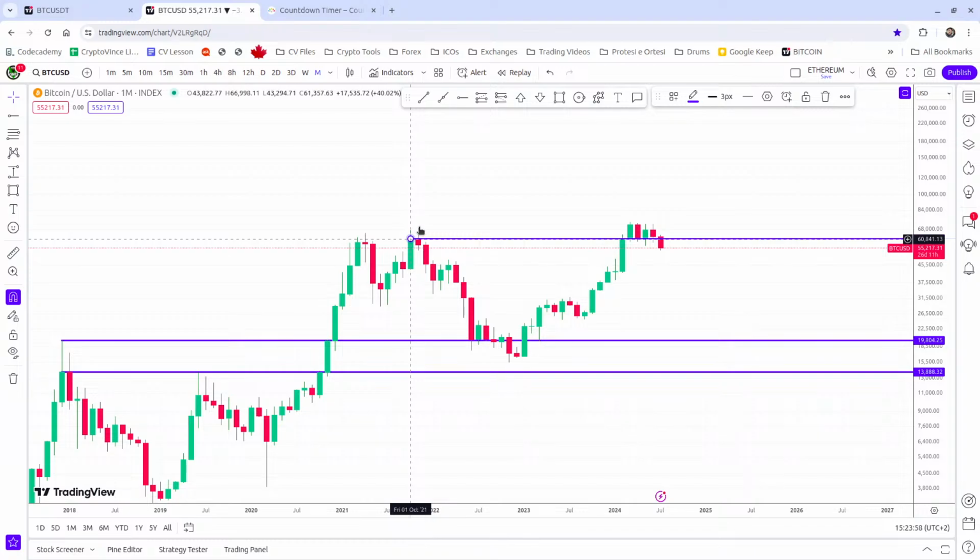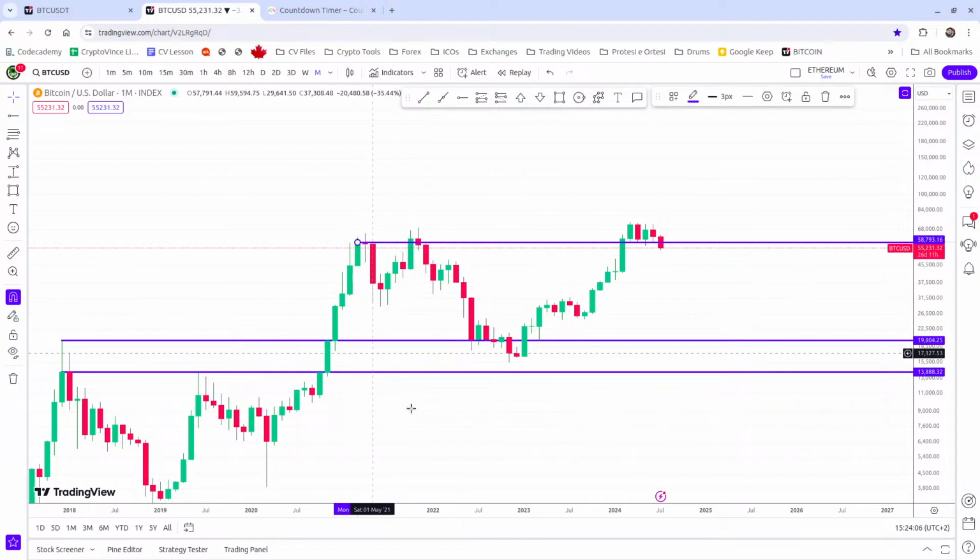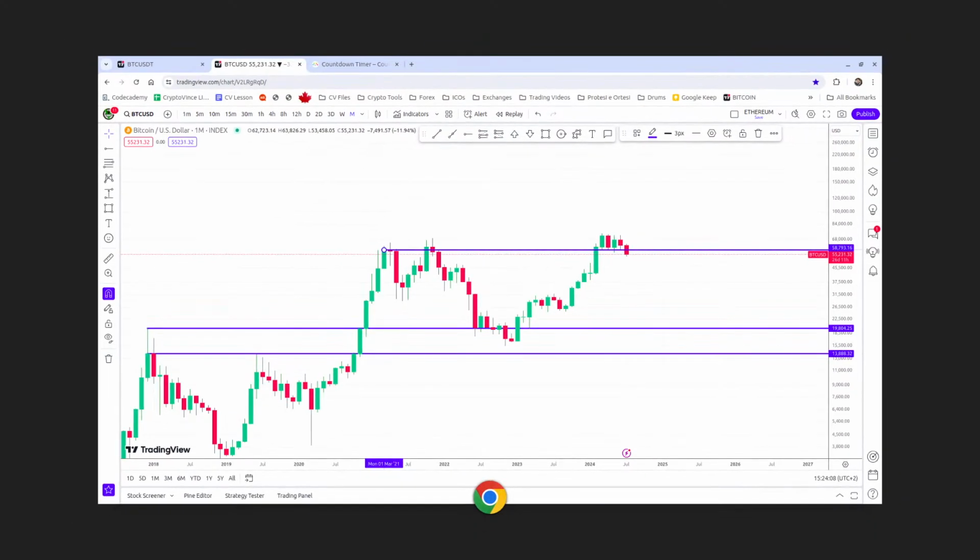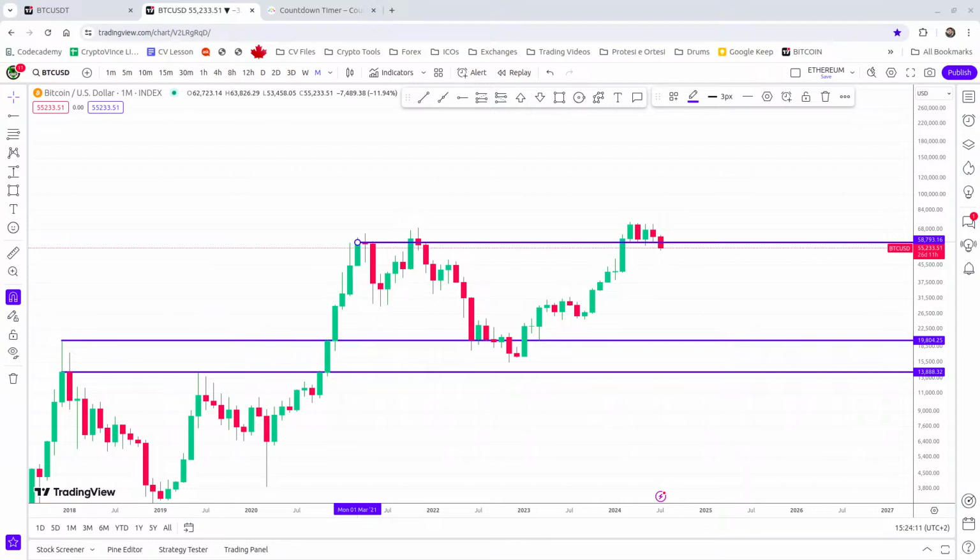It's very hard to pick a level here, so I'm just gonna go with the first candle close. Yeah, this one, man, is scary. Scary.